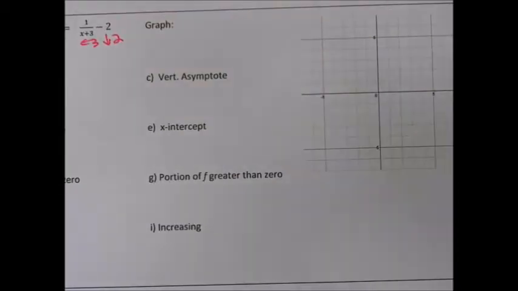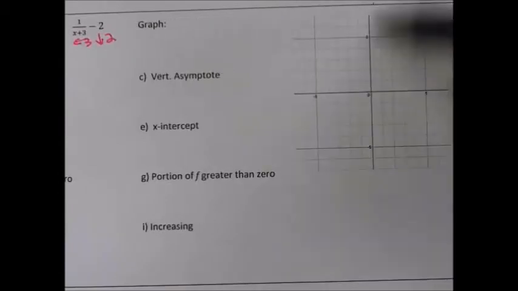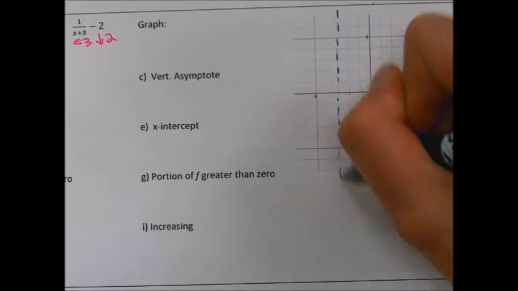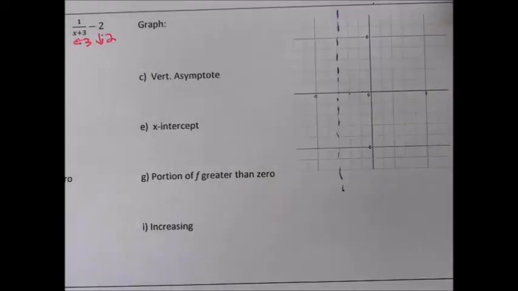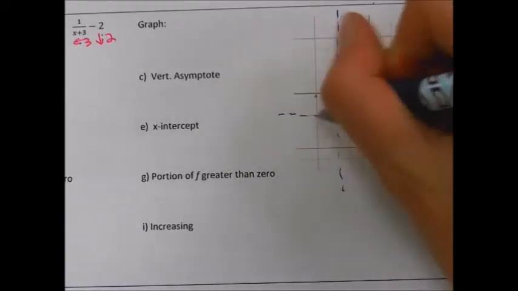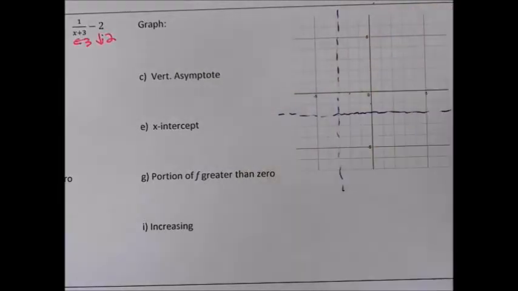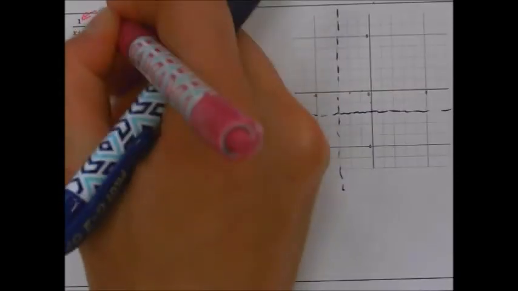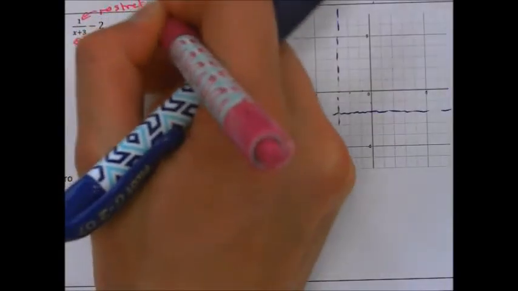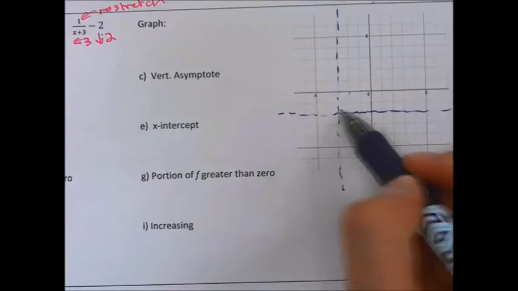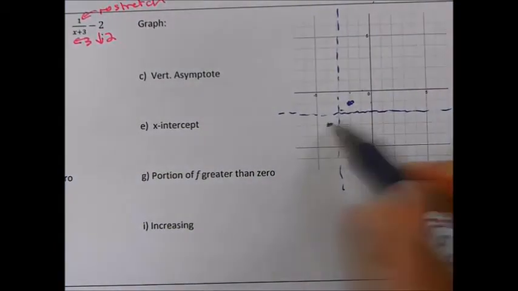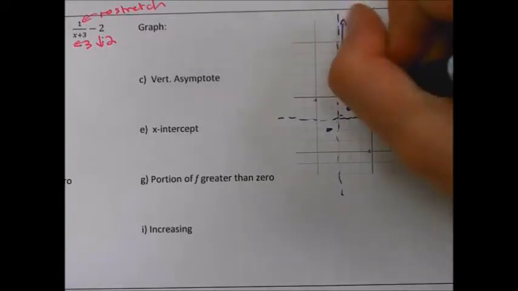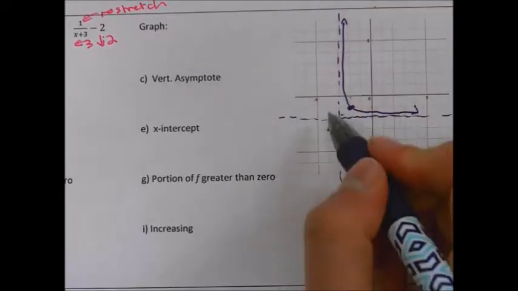So our asymptote, we shifted left 3, so that's the vertical one shifted left 1, 2, 3. This one went down 2, 1, 2. All right. Also notice that we have no stretch. So that means our point is up 1 and over 1 right there. And we can hug our asymptote.